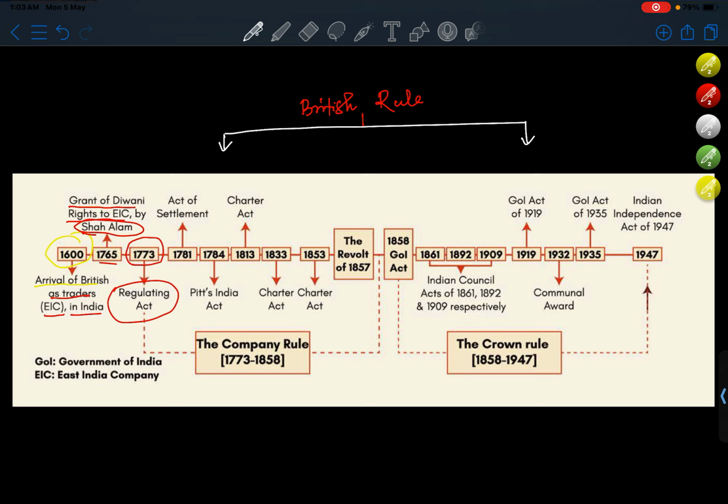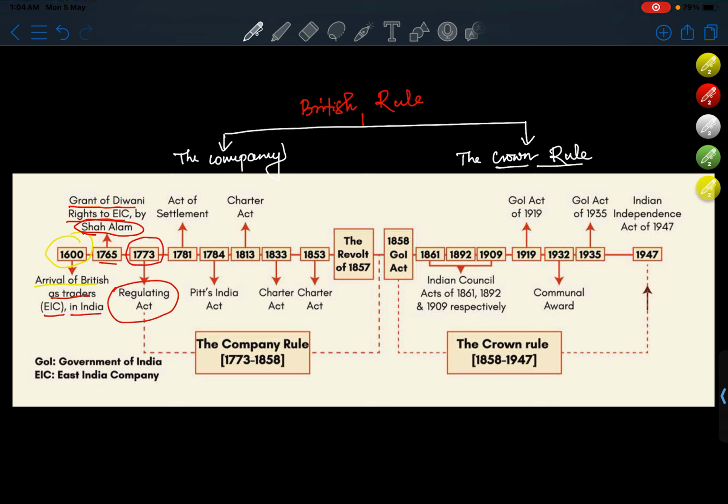One is the company rule, another is the crown rule. The East India Company at some point of time ruled India. After that, the ruling part was taken over by the crown, that is the British Parliament.